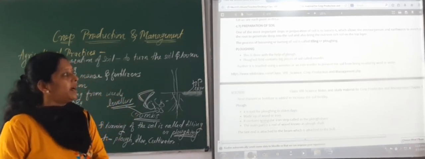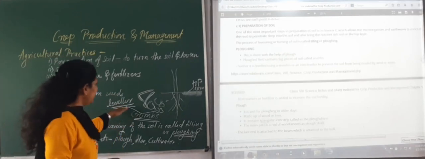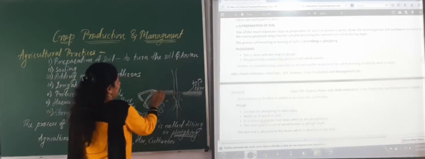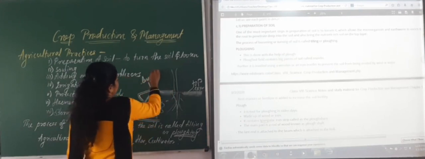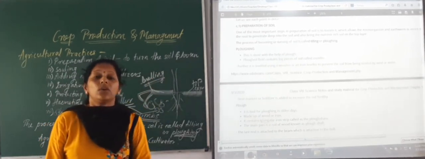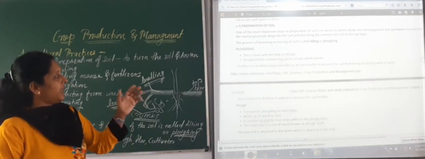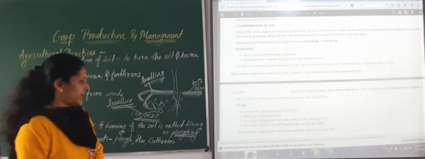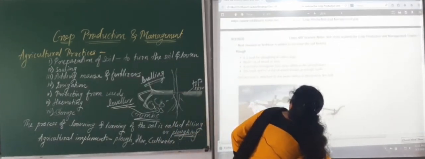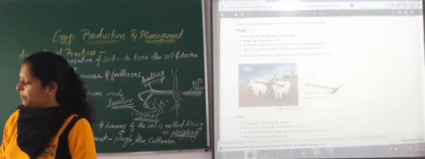The soil can be eroded by wind or water, so it is necessary to level it. Leveling prevents the soil erosion that takes place through wind and water. So this is about plowing.